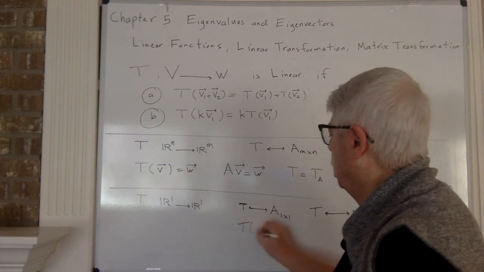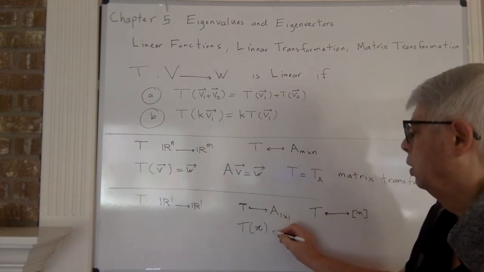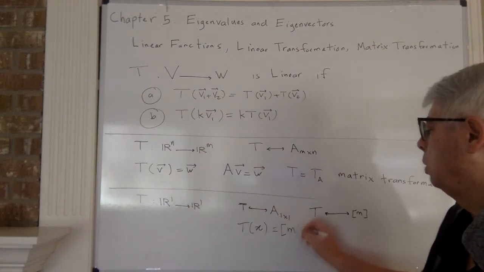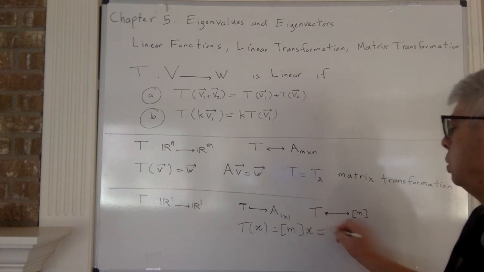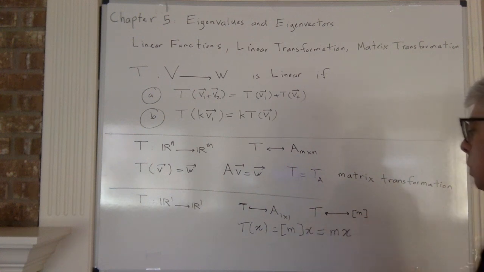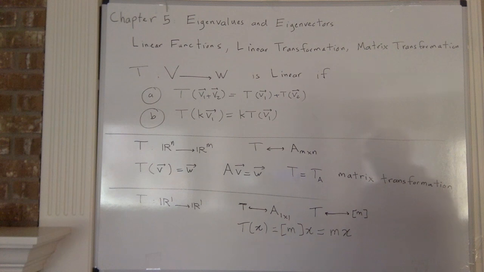T applied to x, which is matrix M applied to x, which is simply Mx. So the only linear function from R to R, or single variable, single valued function, is in fact a function like this, Mx. So only this function is linear.